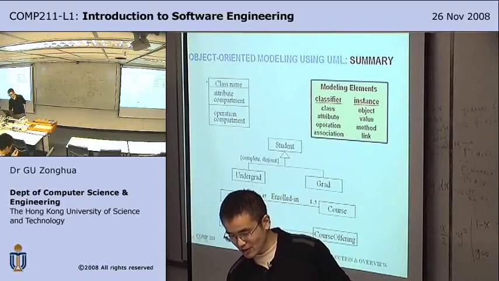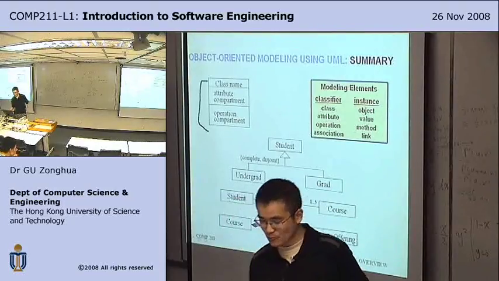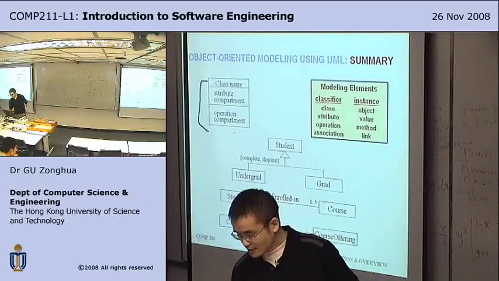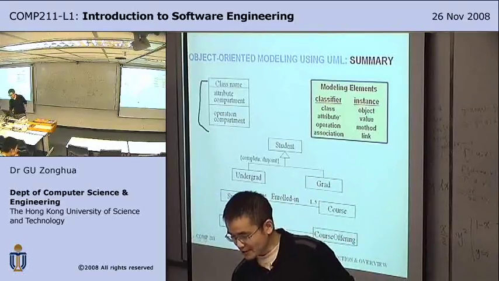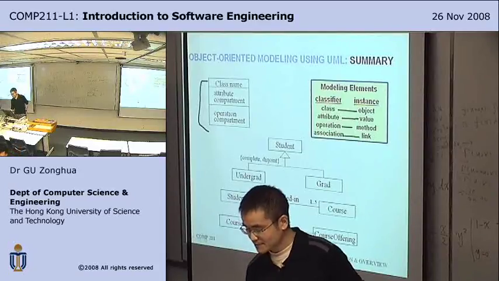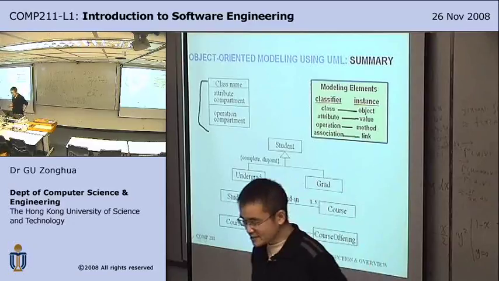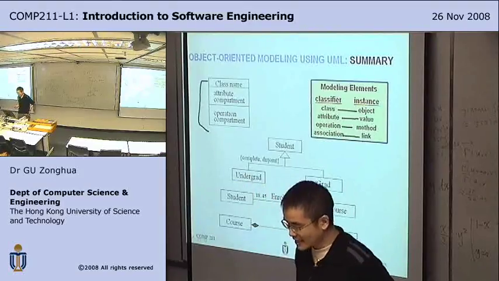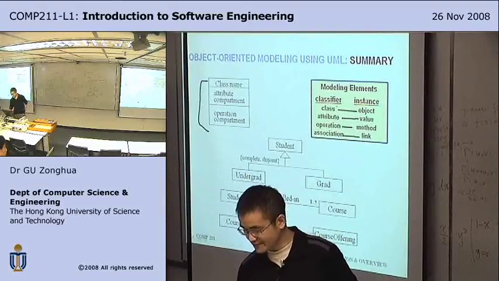So, summary: you have the class diagram notation with the three compartments. You have different classifier-instance pairs: a class and object is the obvious pair, attribute and value, operation and method, and association and link. One is the instance level, object level. One is the class level, classifier.